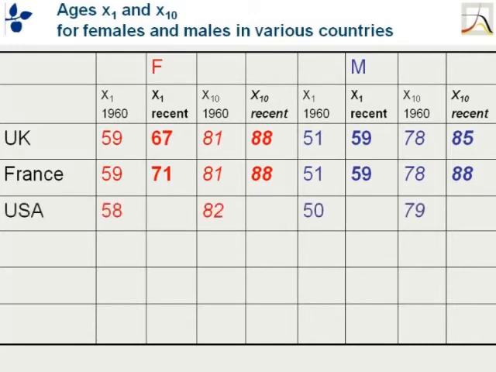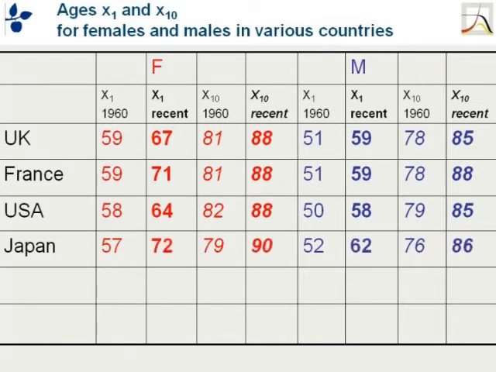The US, well, the US was also in the same ballpark in 1960, and the US did worse. About the same in some cases, but worse in other cases. Japan, it's amazing how close these countries were in 1960. Japan was doing a little bit worse, but in terms of improvements, Japan did considerably better.